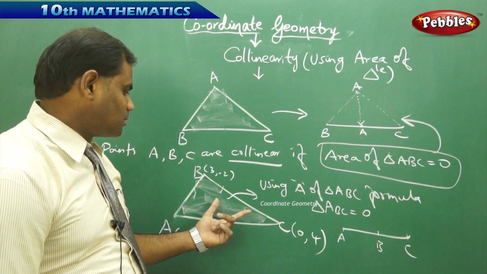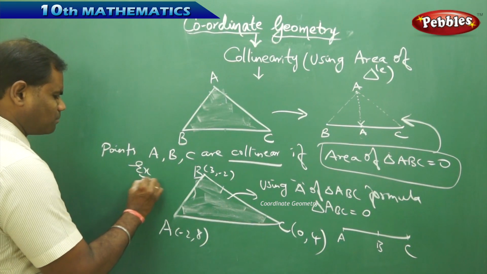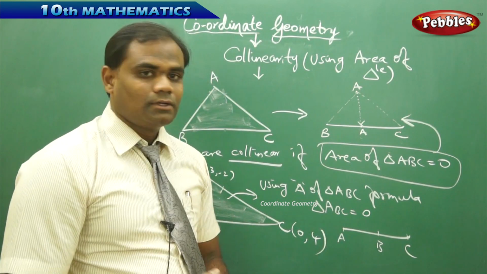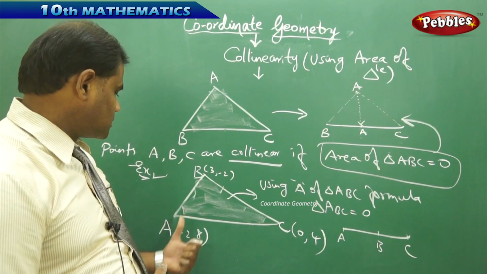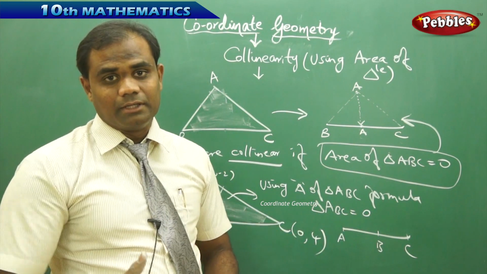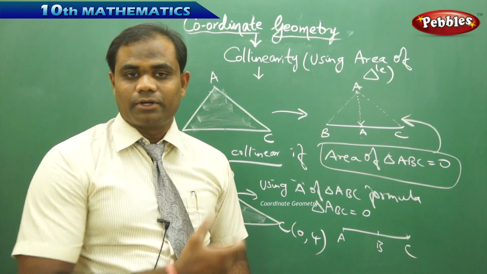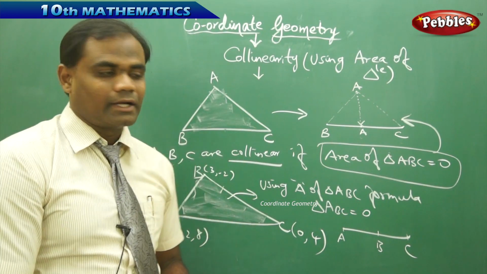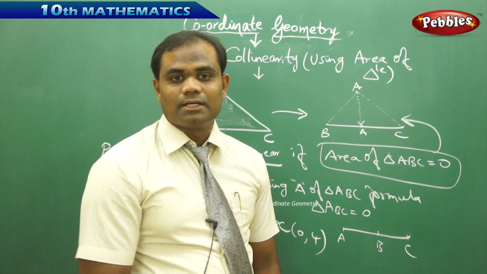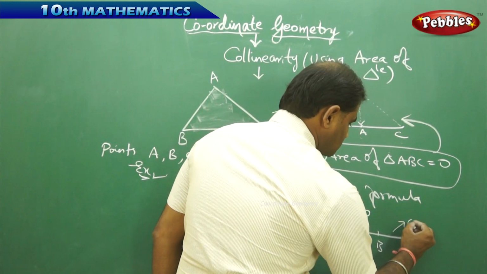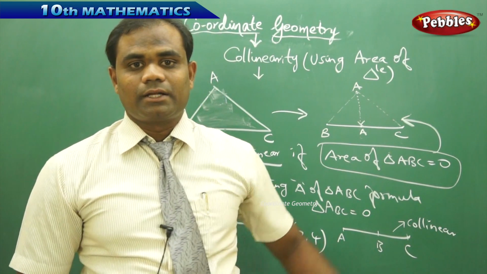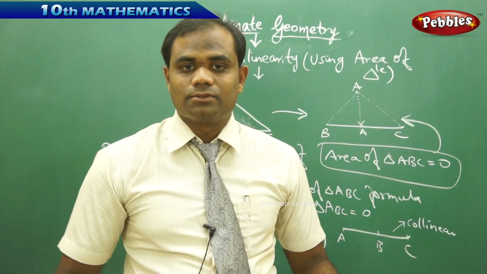So this is an example problem which supports the above collinearity using the area of a triangle. The triangle with vertices ABC clearly makes the area 0, as can be solved through the formula which has already been discussed in the previous sessions. And hence, because the area of the triangle is 0, I can say the points ABC are collinear. That is how I understand collinearity connected to the area of a triangle equated to 0.